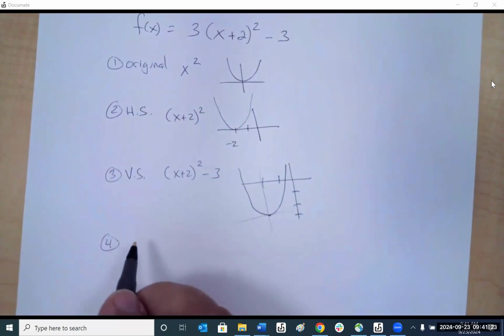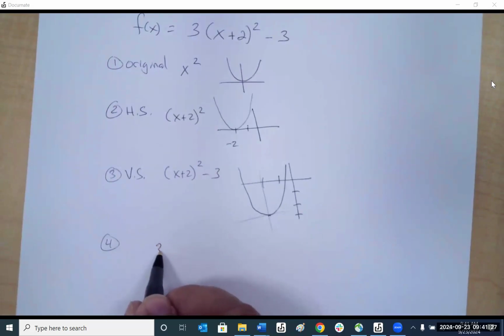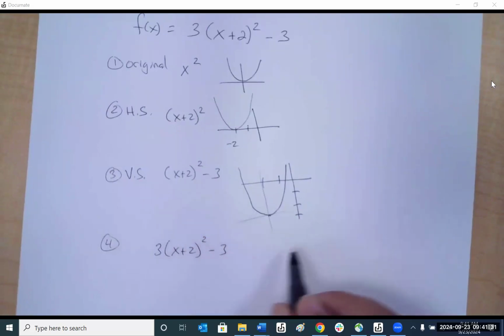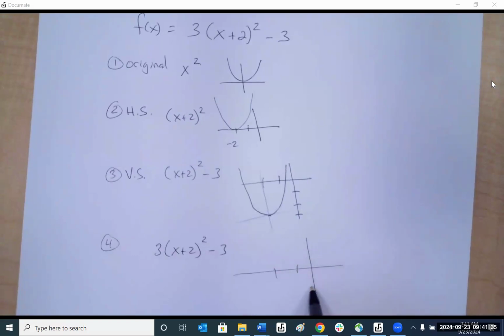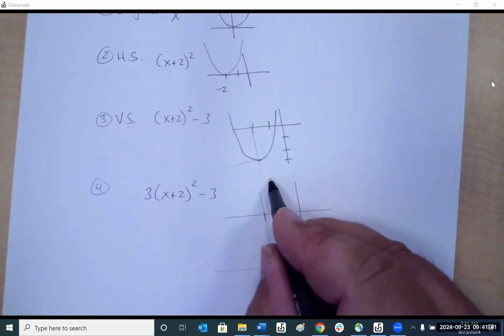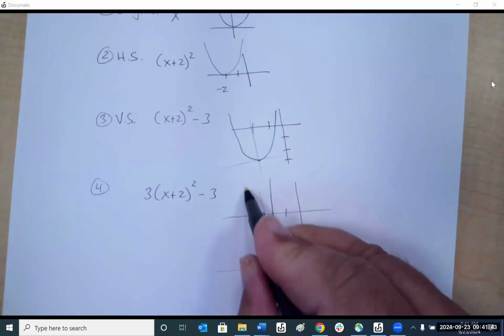And then the expansion. So I have 3 times (x plus 2) squared. What this is going to do to my graph is make it skinnier.